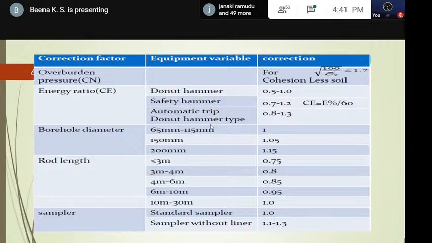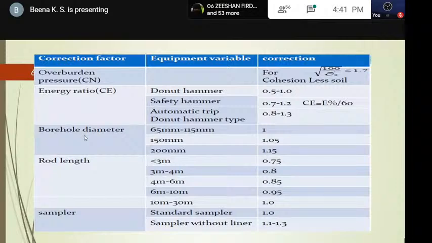There are different types: donut hammer, safety hammer, automatic trip donut hammer type. For different types, this correction factor CE varies. It's 0.5 to 1, 0.7 to 1.2, 0.8 to 1.2, 1.3, etc. This parameter CE is equal to E percentage divided by 60.